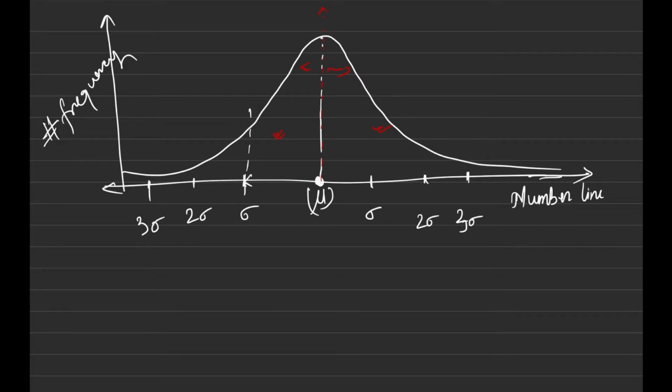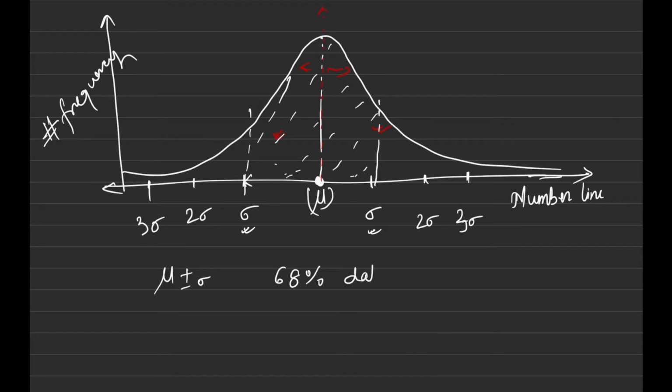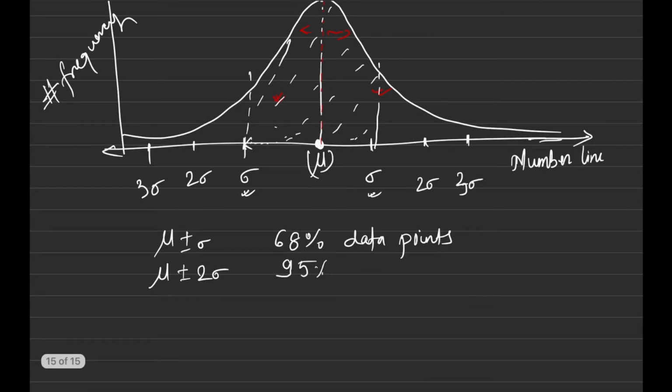The empirical rule says that the area from this sigma to this sigma, the white dotted area, from mu plus minus sigma, 68% of data points will lie in this region. Similarly, for minus 2 sigma to plus 2 sigma, the red line, 95% of data points will fall under that bucket.